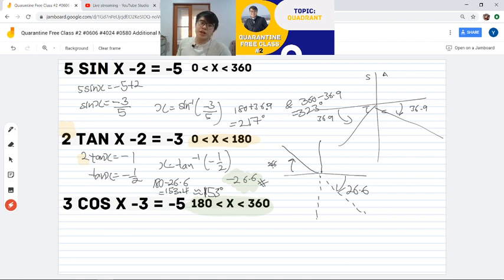So 3 cosine x minus 3 equals negative 5. So first get rid of the negative 3, then shift away the 3 at the front.